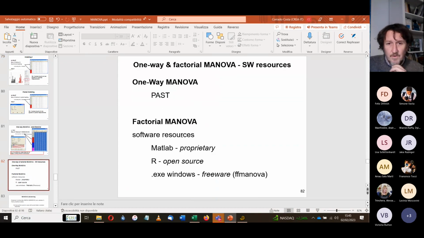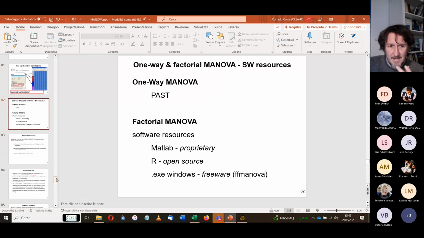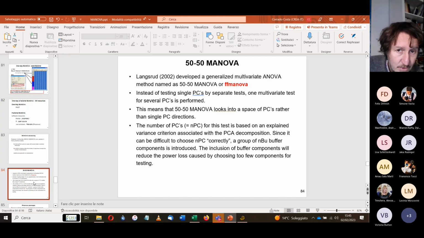So if you have a multivariate data set and you want to test the significance of the difference between groups, you have to apply a MANOVA. I suggest I introduced you the 50/50 MANOVA. I gave you the software. You have to install this software.